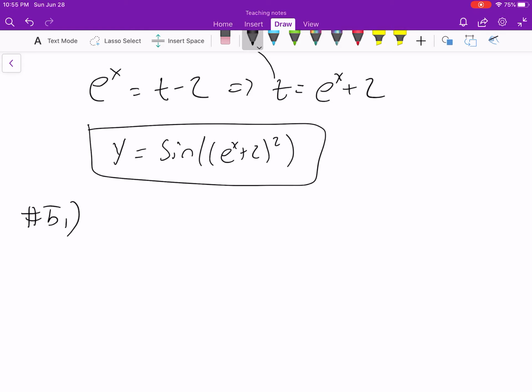Okay, so move on to number 5. Again, the values change depending on which version you get.